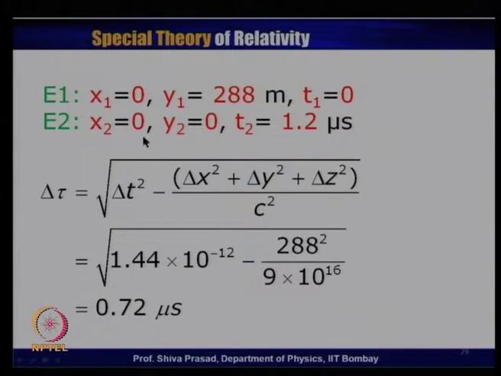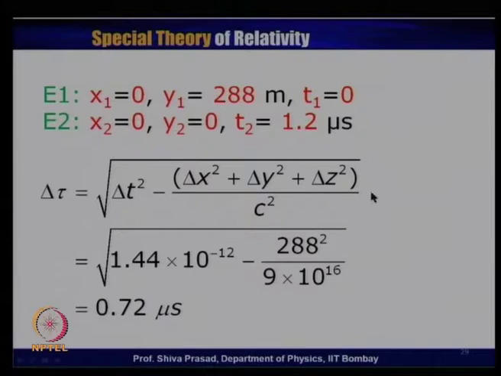For the second event, x2 was 0, y2 was 0, and as given in the problem, this particle took 1.2 microsecond to reach the ground. Therefore, time according to S observer must be equal to 1.2 microsecond.